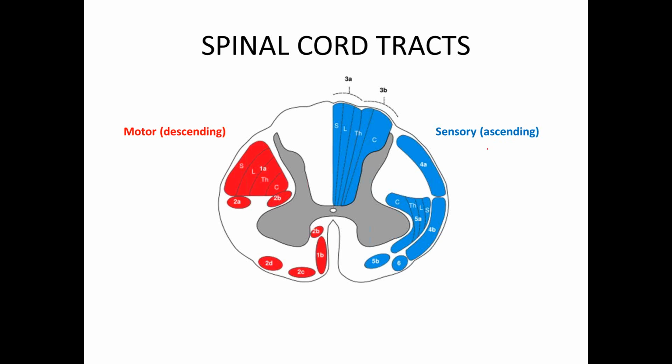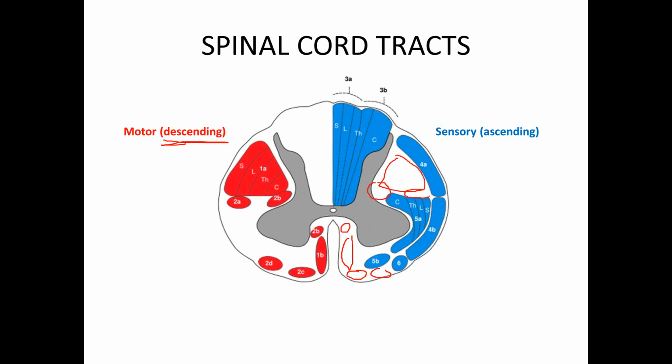Now, when a decision is made to move something, the information comes out and goes down. It's descending. So the descending tracts here, you can see in red, there's one here, and there'll be others over here too. So don't think that they're just on one side. They're not. It's just showing you where they are. So there'll be pairs, like a mirror image here and here.